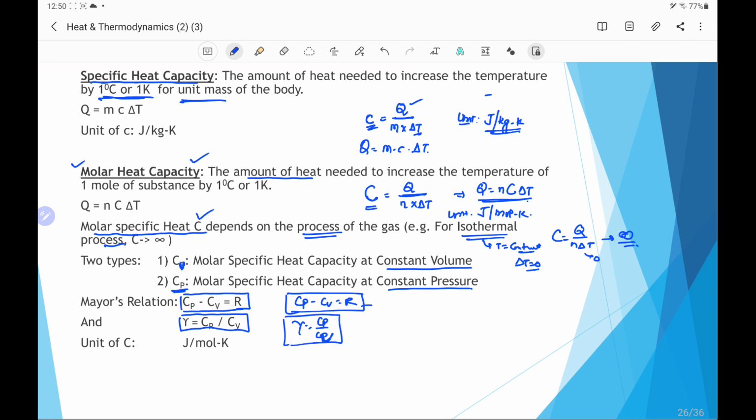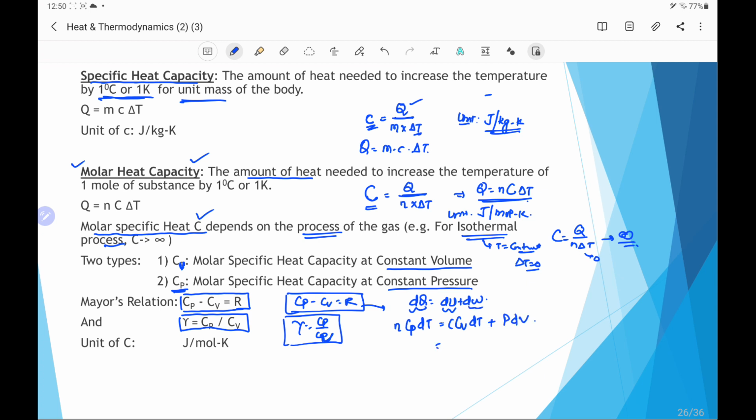This Cp minus Cv equal to R can be derived from the first law of thermodynamics, which is given as dq equal to du plus dw, and this dq can be written in terms of Cp as n Cp dt, and this du can be written as n Cv dt, and this dw is P into dV.